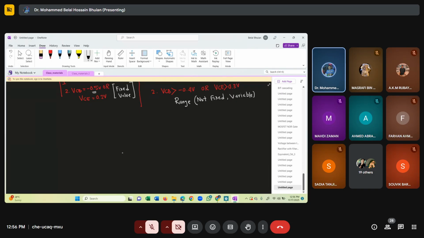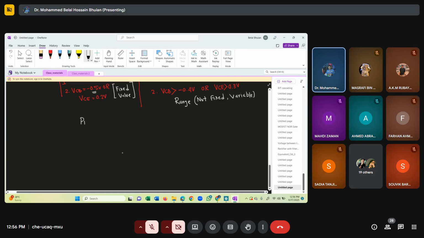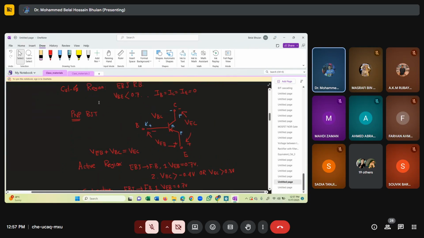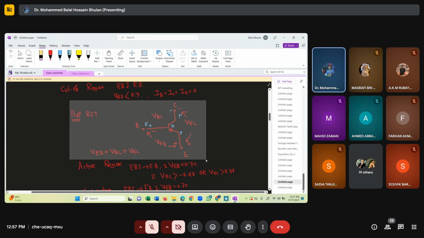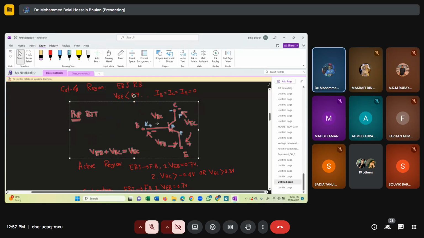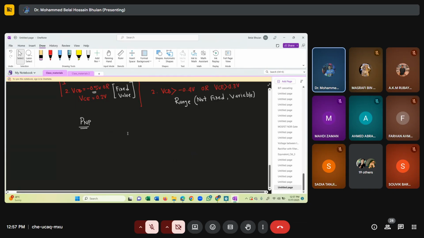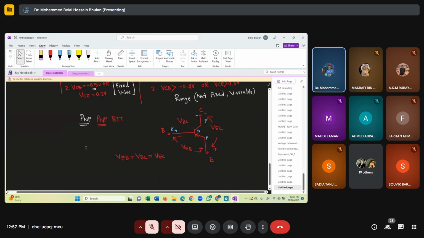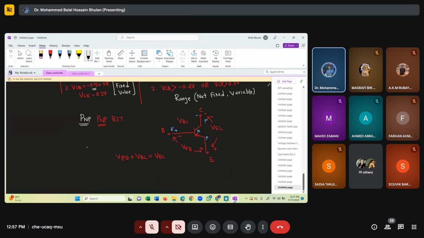For PNP BJT, if we do the same thing. So we draw the circuit as a PNP BJT.